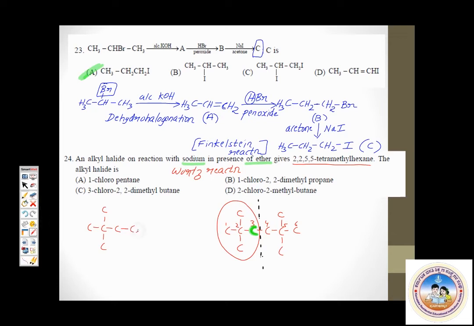Number the chain such that substituents get lower numbers, 1 and 2. So chlorine is 1. Chlorine comes before methyl in alphabetical order, so this must be named as 1-chloro. Then 2 methyl groups are substituents. They are present on the second carbon. So it must be 2,2-dimethyl propane.